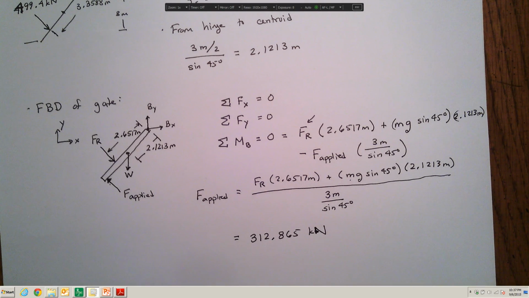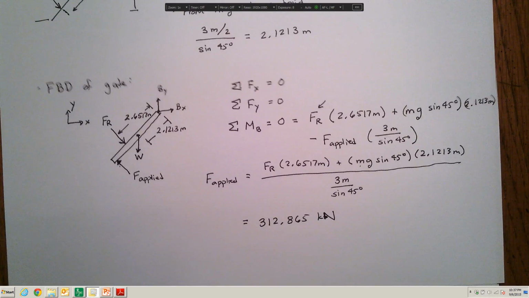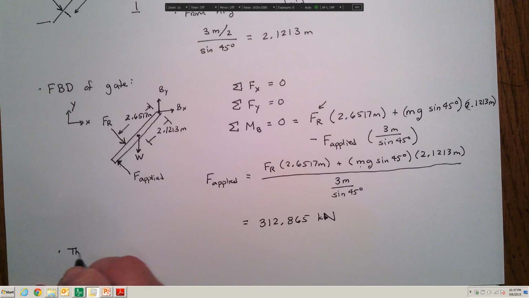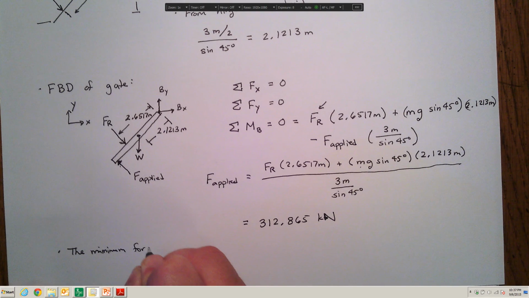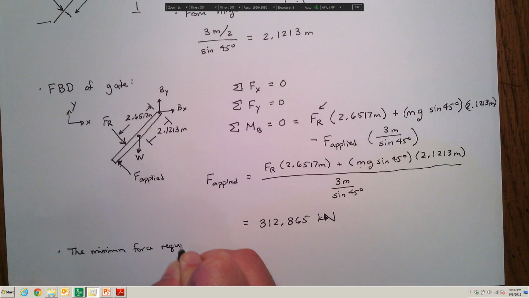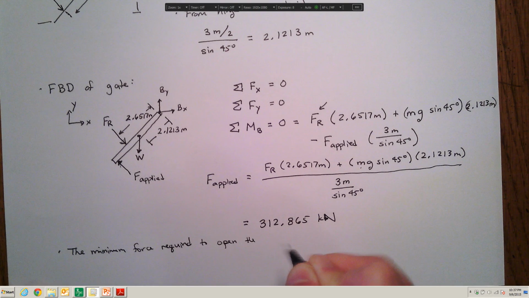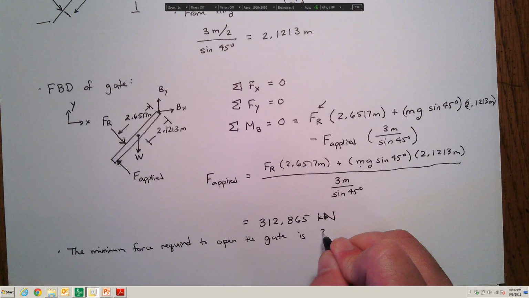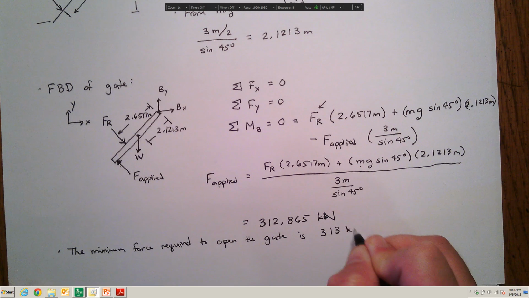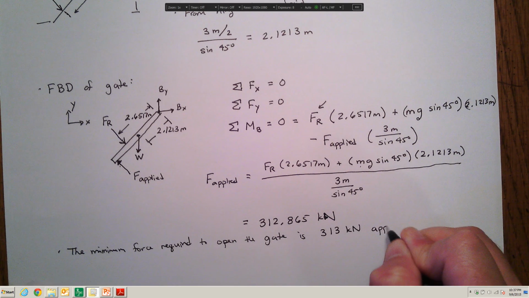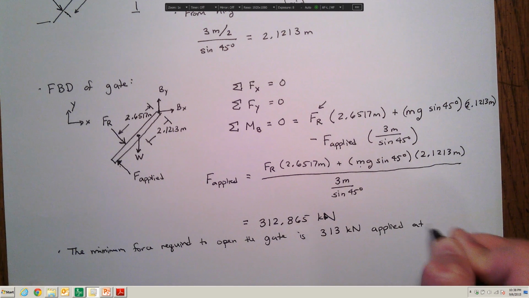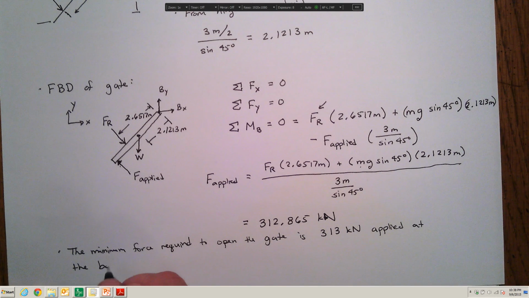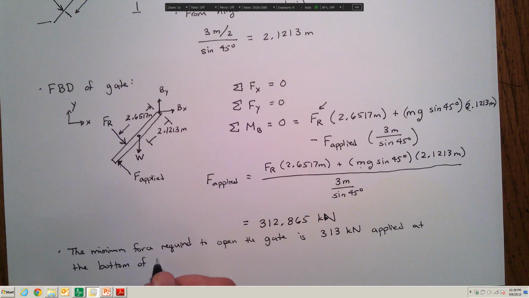So what we can say is that the minimum force required to open the gate is about 313 kilonewtons applied at the bottom of the gate.